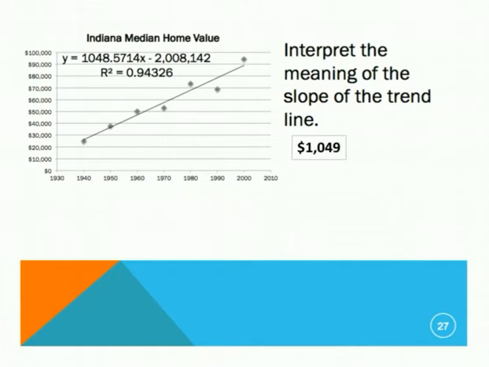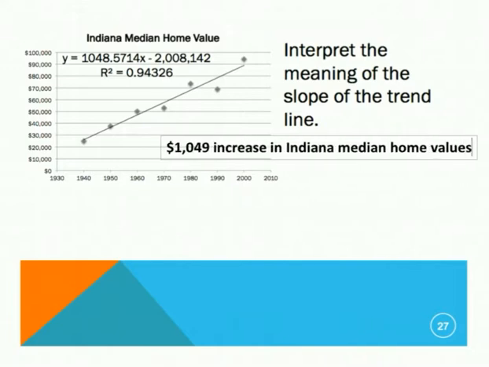There are a lot of ways we could phrase this, but I'm going to say that there's a $1,049, and then since it's increasing, I'm going to put the word increase, and then some context. So there's an increase in Indiana median home value, and then I'm going to put something like every year, on average.